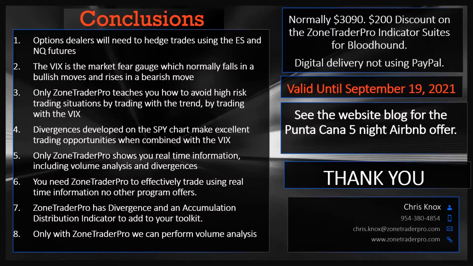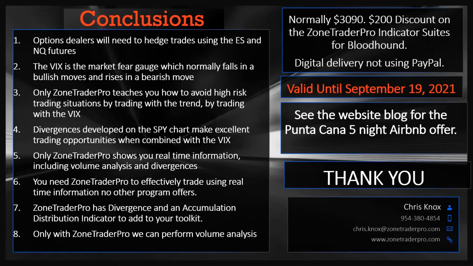The VIX is that fear gauge, which normally falls in a bullish move and rises in a bearish move. There are actually times that it does not do that, but we're talking about 90% of the time, 95%. ZoneTraderPro teaches you how to avoid high-risk trading situations.